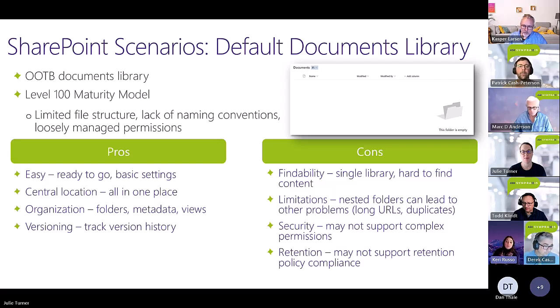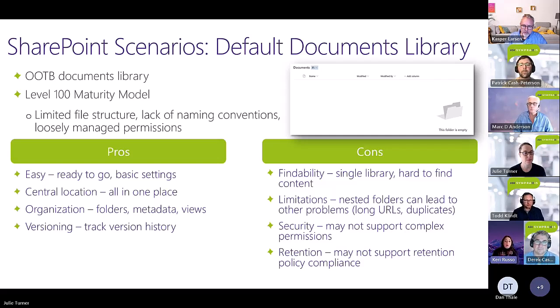This approach aligns with what we call the level 100 maturity model, which is essentially less organized types of content. It has a limited file structure. You might have less formality around your naming conventions, your permissions, or the hierarchy of your content in general.